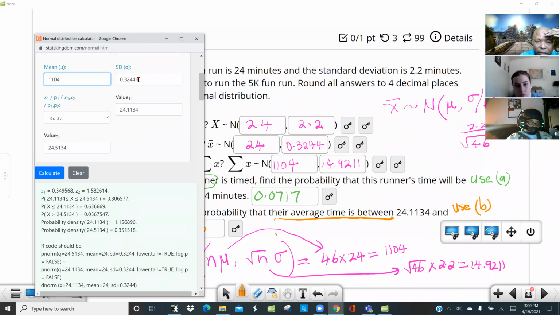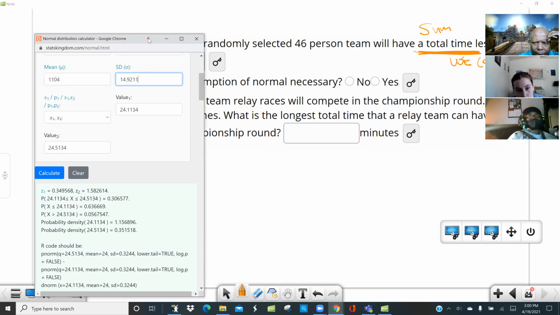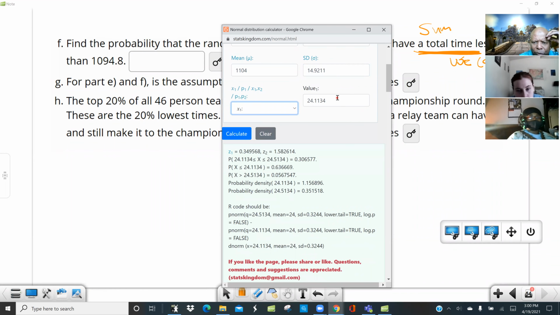And I switch the standard deviation to 14.9211. And I would like to go beyond, no less than 1094, so I'm going to go for the first option.